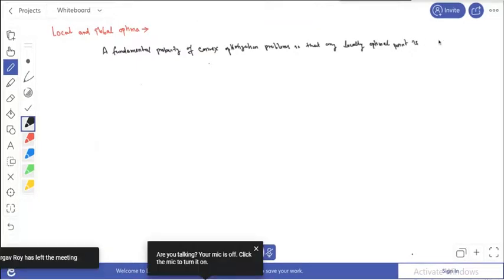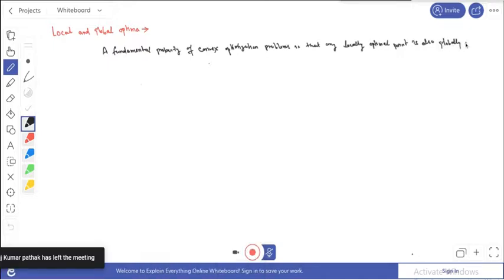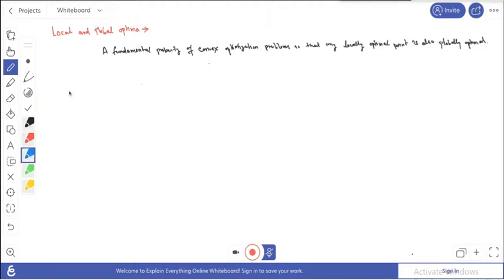It is also globally optimal. So this is the fundamental property of your convex optimization problem.